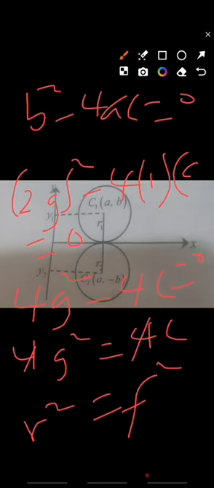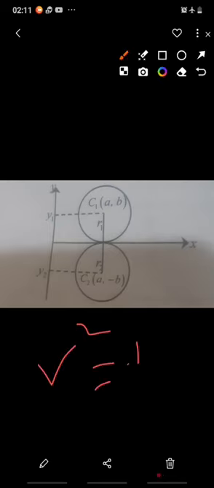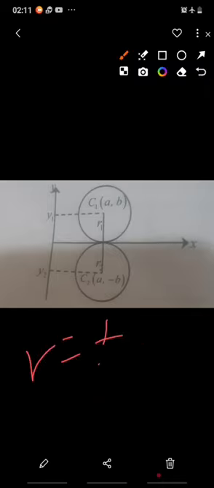So we can take the square root of both sides. Then we have r is equal to plus or minus f.